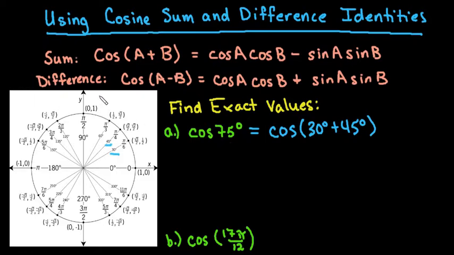Remember that when you're talking about the unit circle, the ordered pairs are always in the form cosine, sine. So we can use that fact along with this rule to help us find cosine 75.